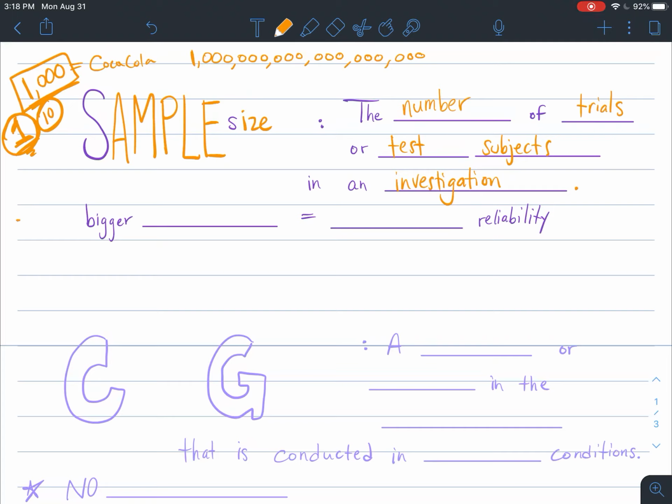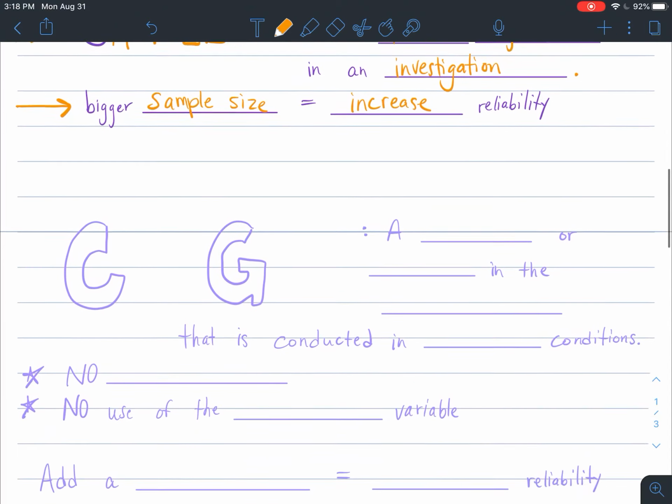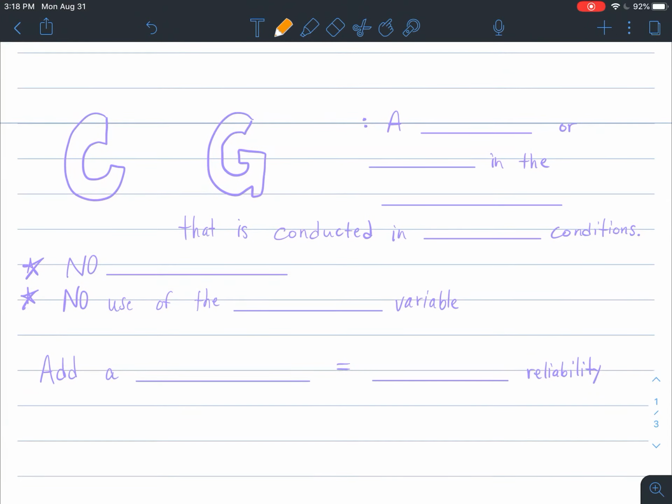And basically what we need to summarize here is that a bigger sample size, the more people you ask or the more times you repeat your experiment, is going to increase the reliability of our data. So we want to do as many trials as possible. The more trials, the better.